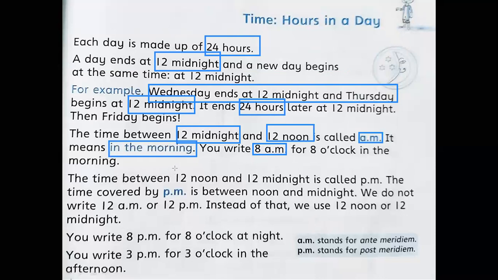The time between 12 noon, meaning midday, and midnight is called PM, post-meridium. This is also a Latin word which means after midday. The time covered by PM is between noon and midnight.